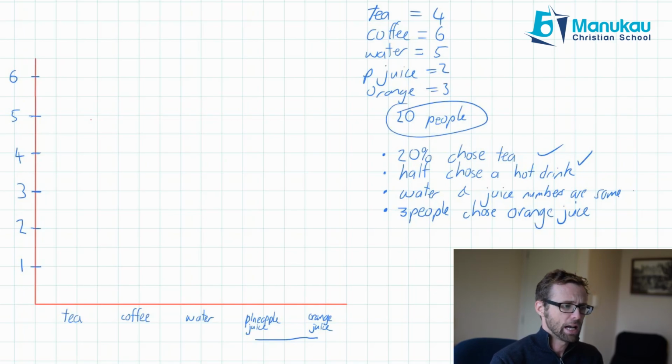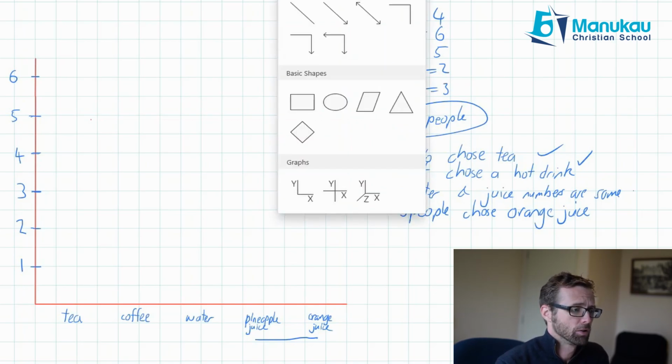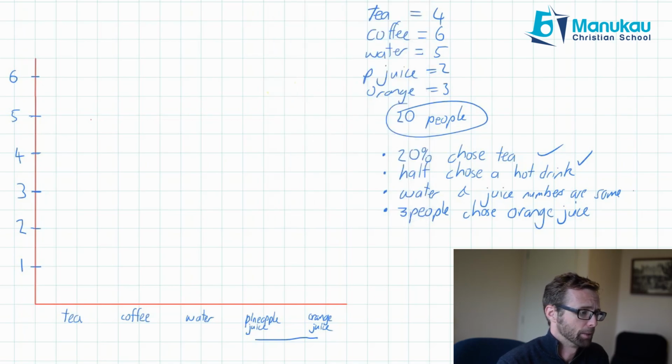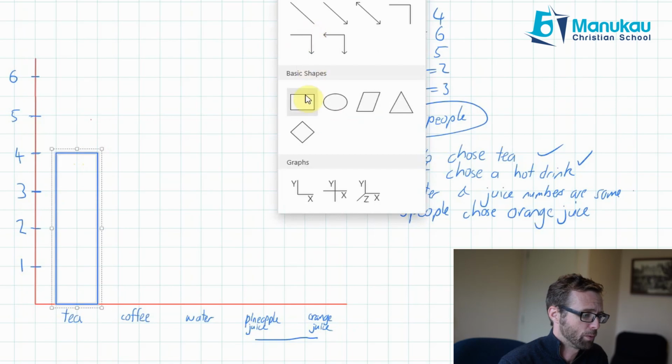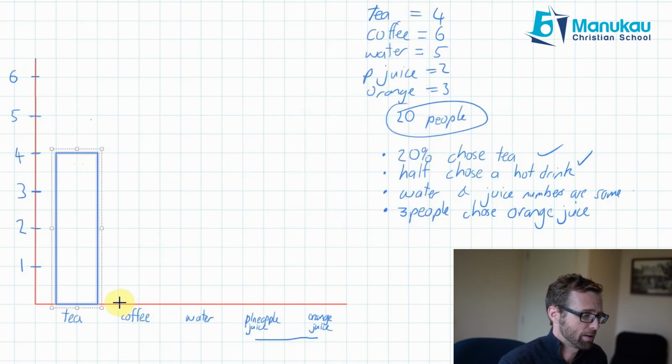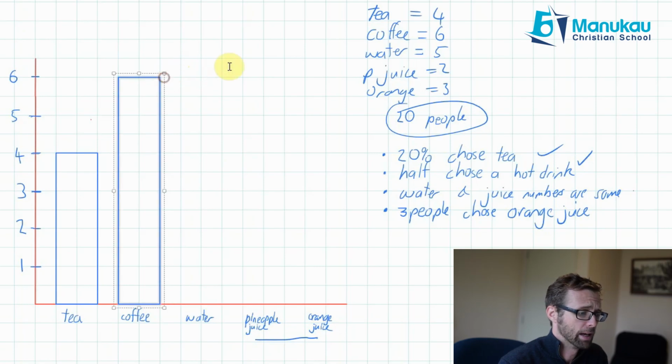At this point, I'm going to graph this. Okay, so here we go. Tea is 4. So that's my tea. I'll do another one for coffee. Now coffee is apparently 6. Rightly so. Okay, and then we'll have water.